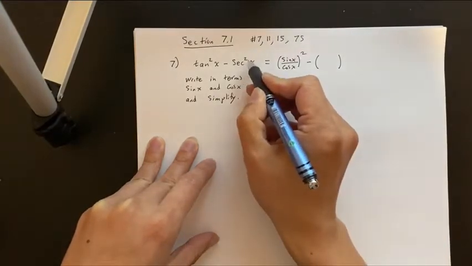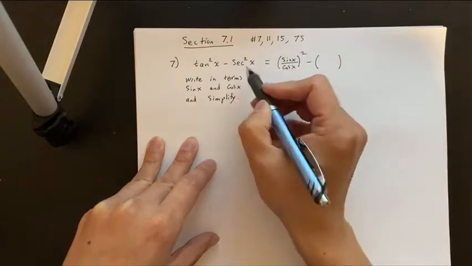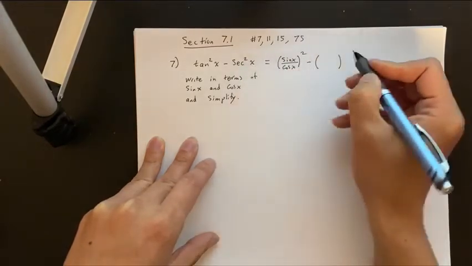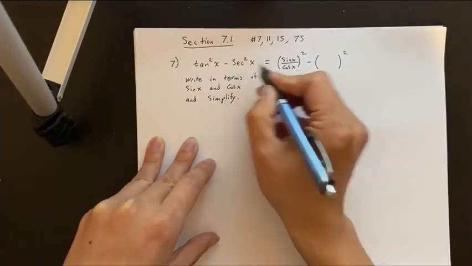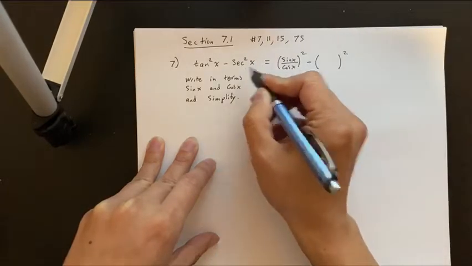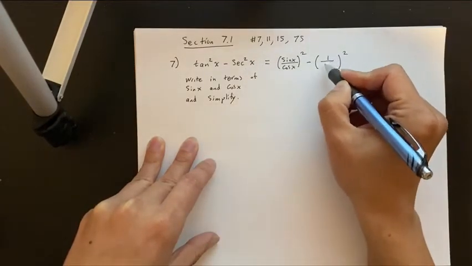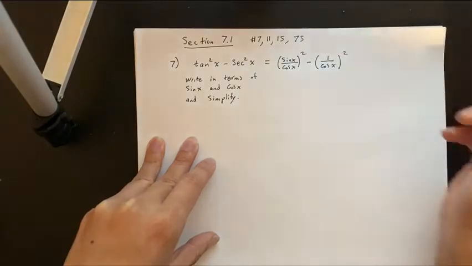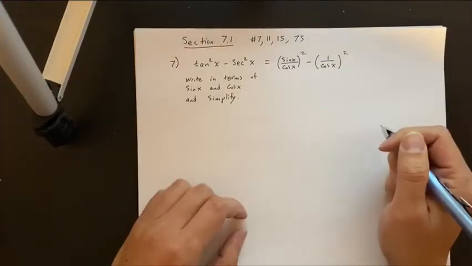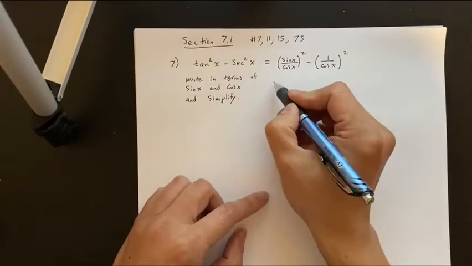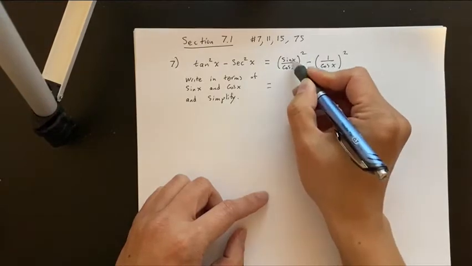Secant square x, which is really secant x, the whole thing squared, but secant is 1 over cosine.